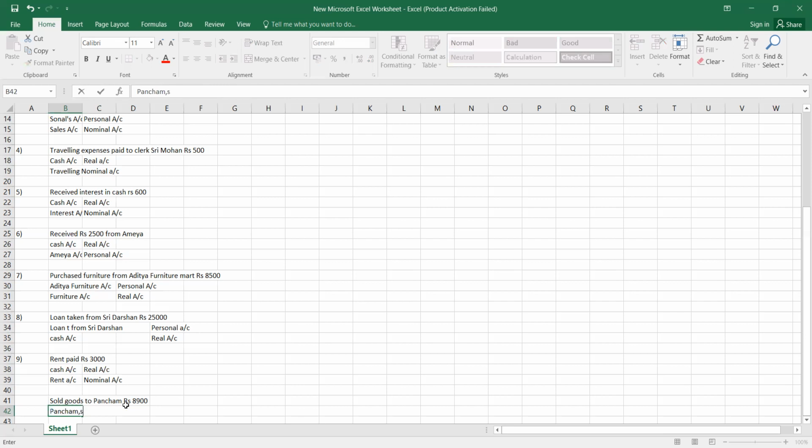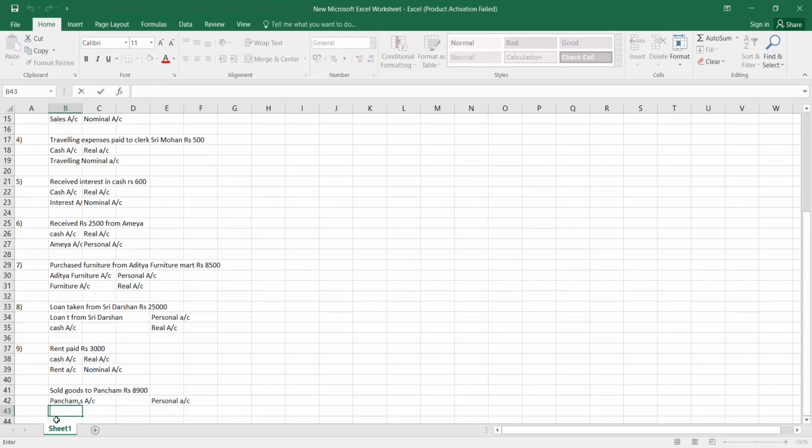You have sold goods to Pancham, so Pancham's account is a personal account. And next is sales account, which is a nominal account.